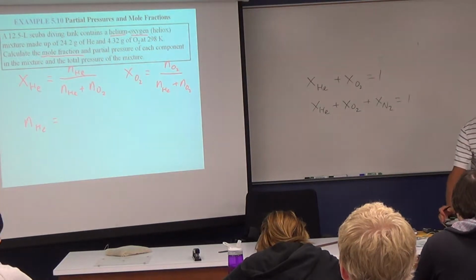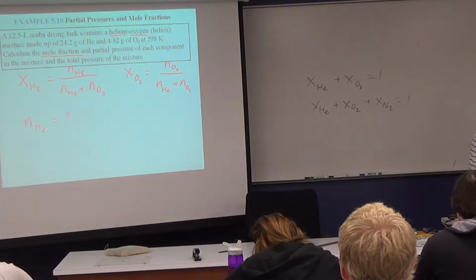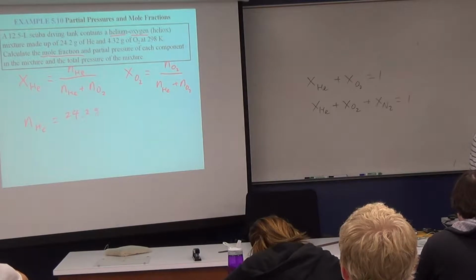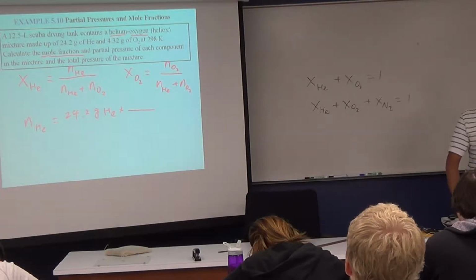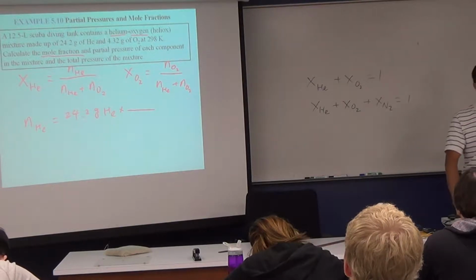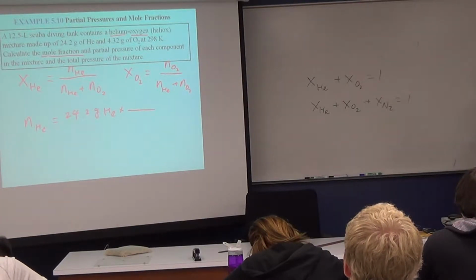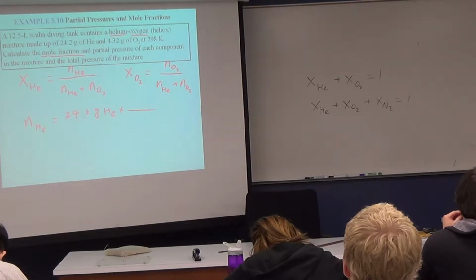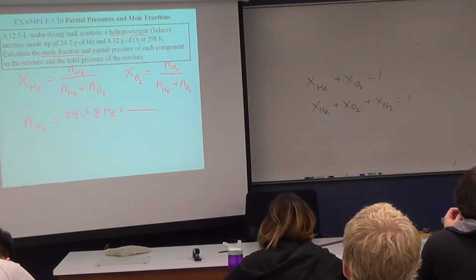Right, so you have 24.2 grams of helium, and as we started in the first few seconds, you want to get moles from the grams, and think about using molar mass, right? The molar mass of helium is just a very simple formula, He, because helium is a noble gas, not diatomic, not triatomic, and you have 4.00.